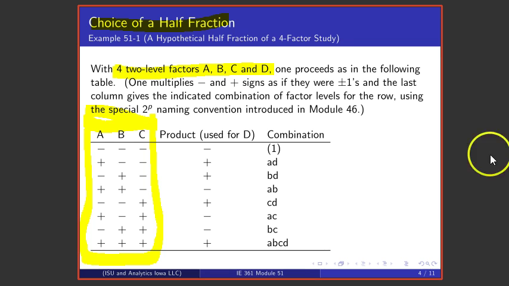And then the point is that if I think of a minus 1 times a minus 1 times a minus 1, I get a minus 1. If I thought of plus 1 times minus 1 times minus 1, I'd get a plus 1, and so on.